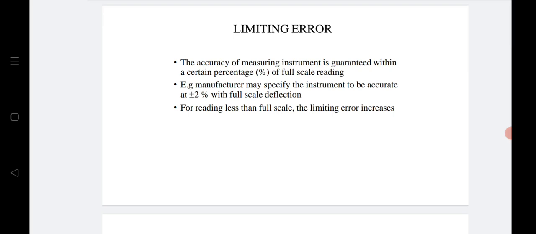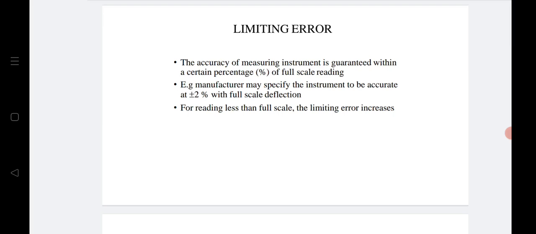So the value which is limited by the manufacturer is known as limiting error. For example, the manufacturer may specify the instrument to be accurate at plus or minus 2% of full scale deflection. Plus or minus 2% means that whatever value you have got, you need to remove 2%, and the value you get is the correct value.